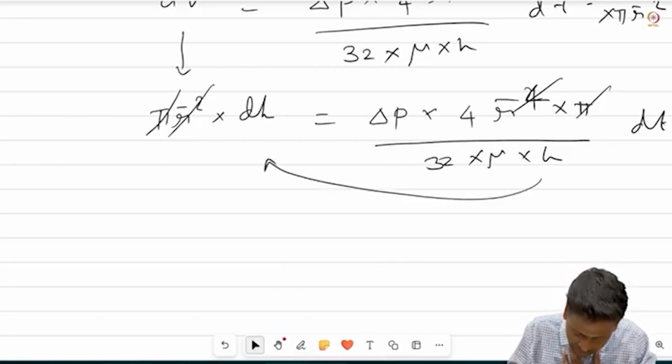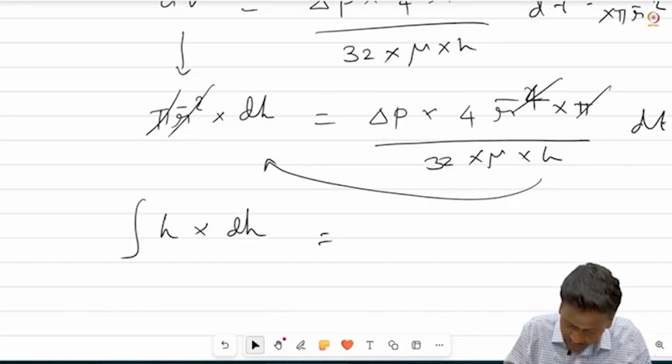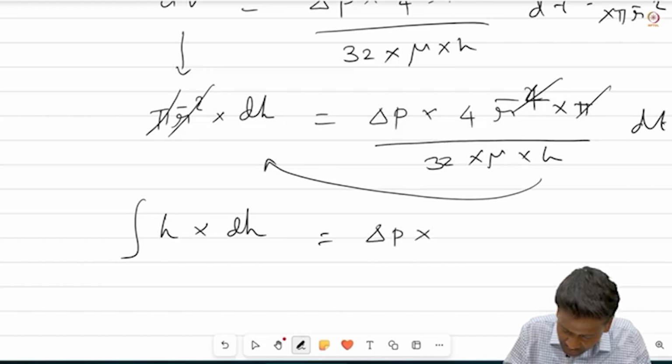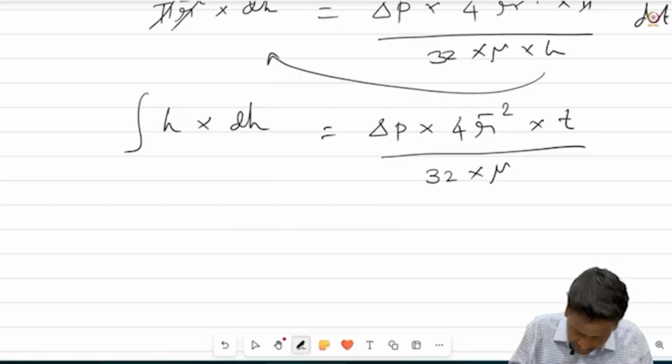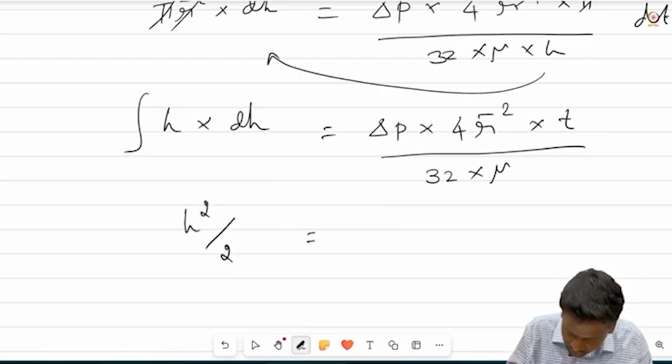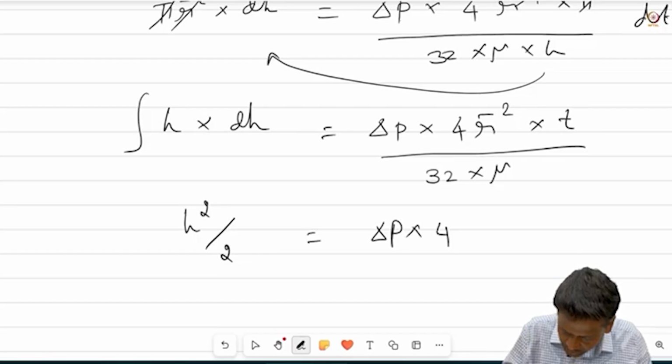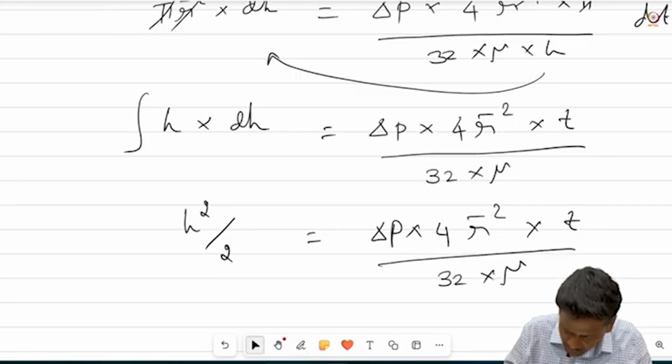Then if you bring this h here, you will have h into dh, which is nothing but delta p into 4 r square into t divided by 32 mu. So this I can write as h square by 2, which is nothing but delta p into 4 r square into t divided by 32 into mu.